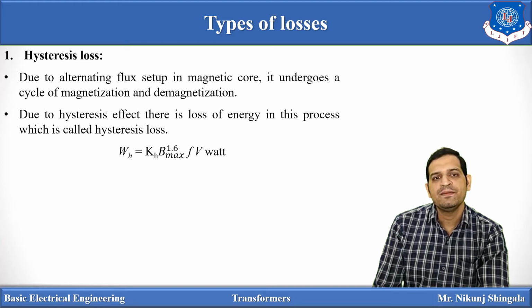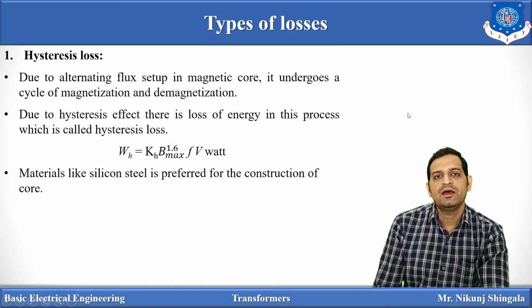So here we can see WH, the hysteresis loss, depends on the volume, because frequency, Bmax and KH are constant. A material like silicon steel is preferred for the construction of the core, because silicon steel has less hysteresis loop area. I have already told in the previous lecture that hysteresis loss depends on the area of the loop, volume of the material, and frequency of magnetization.